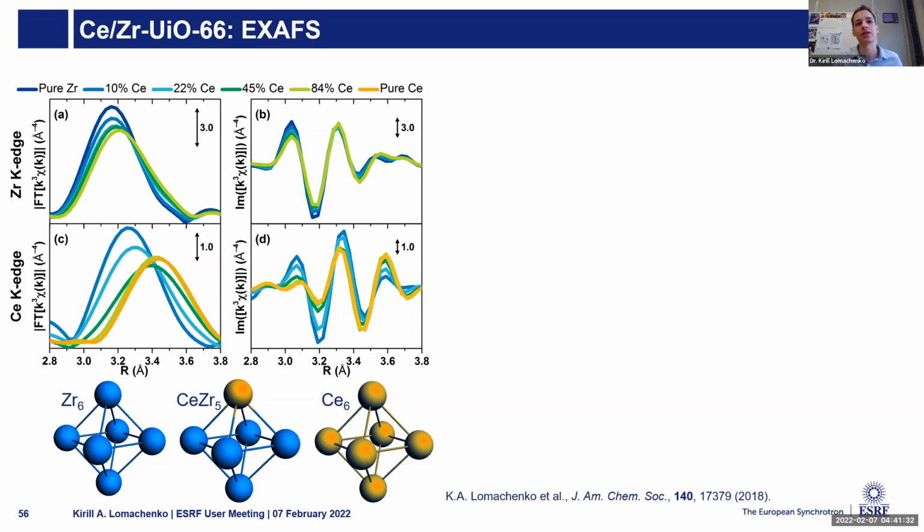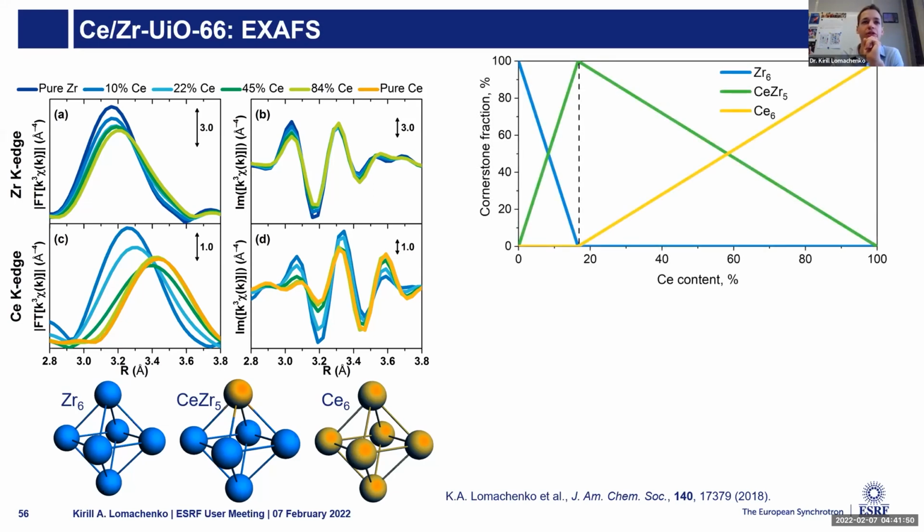So pure zirconium 6, pure cerium 6, and cerium-zirconium 5, the mixed metal one. And the evolution of the concentrations, the weights of these cornerstones, can be as follows. You can have, as a dominant fraction that forms predominantly, cerium-zirconium 5.